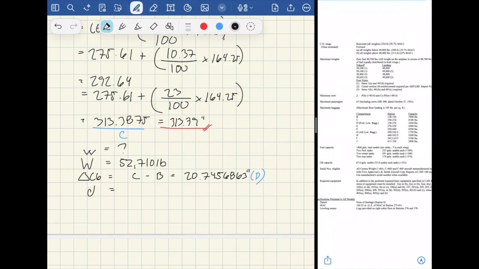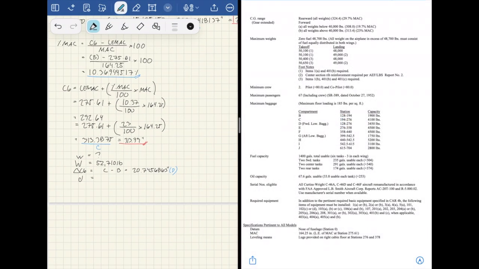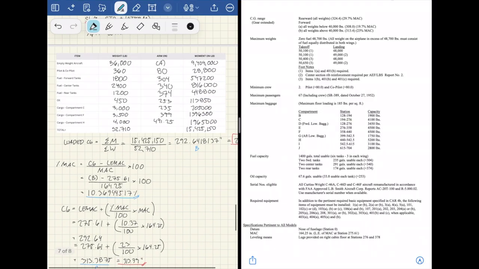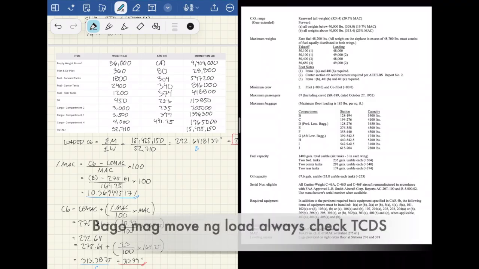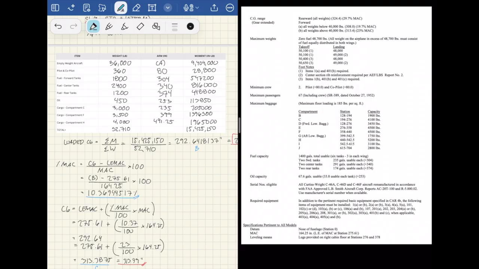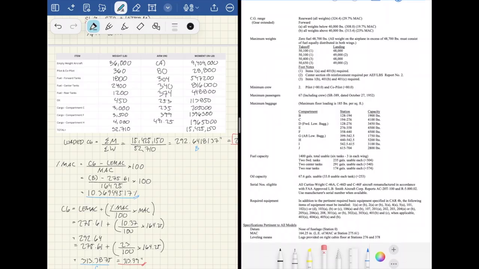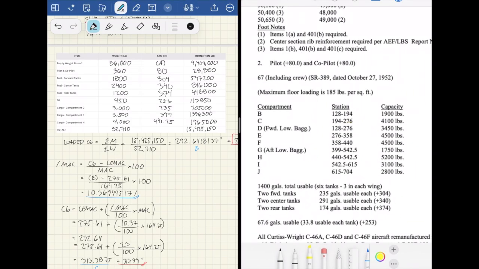Now guys, saan natin ililipat yung ating load? Okay, so let's see. Mamimili lang naman tayo guys. It's a trial and error somehow. Bago kayo mag-isip kung saan i-move, check muna tayo sa TCDS. Okay, so sa base dito sa ating TCDS, ating mga compartments, we have compartment C, F, and then H. So sa compartment C, ang load niya is 3,000 pounds.